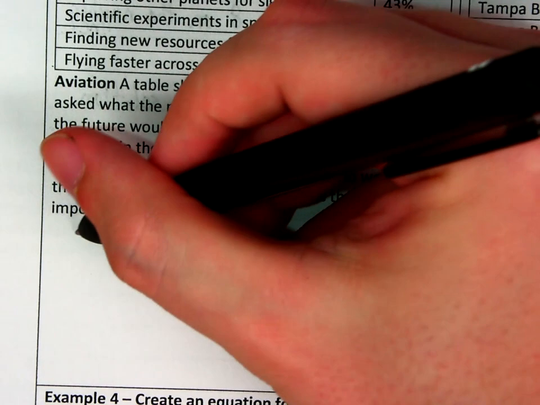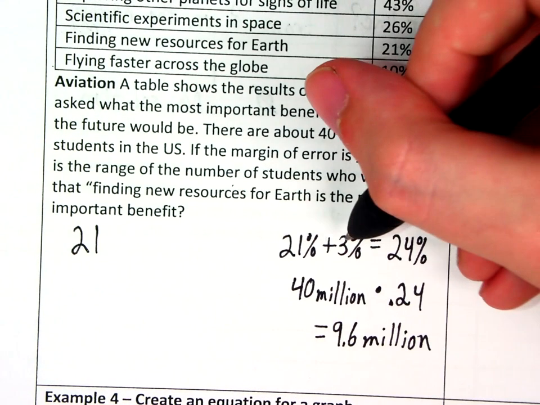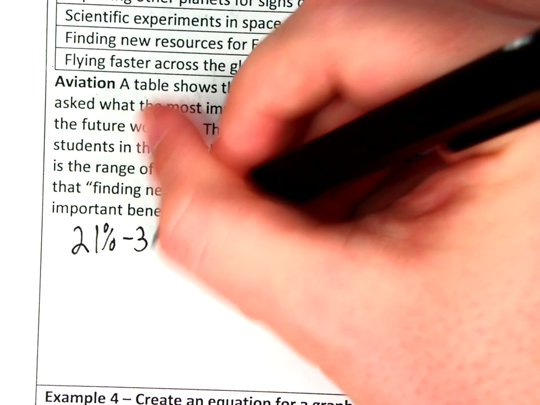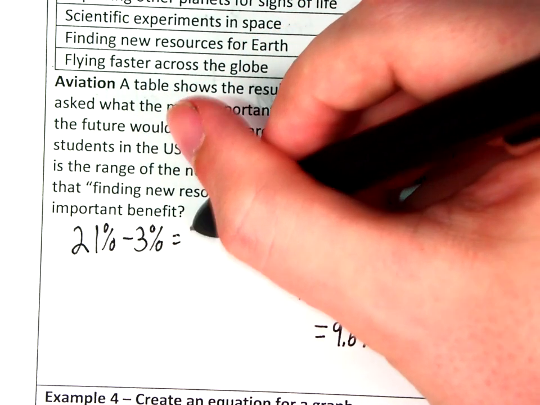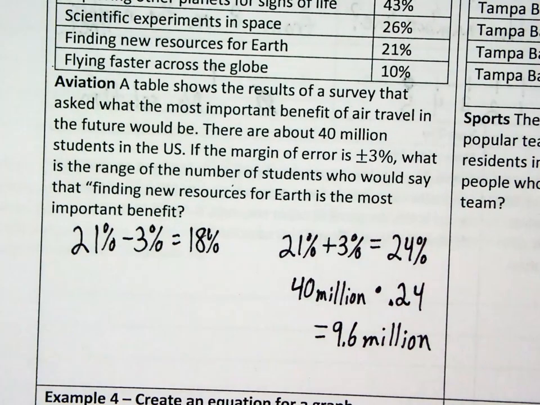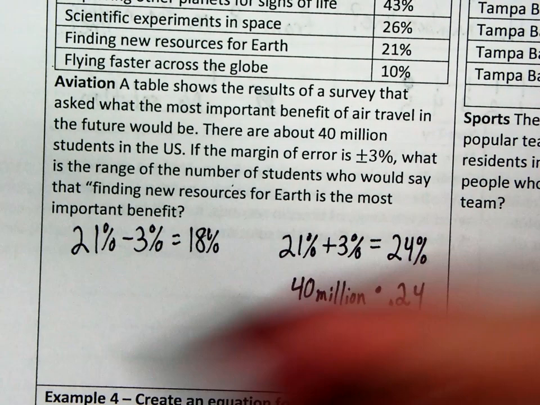Going the other way, we could have had actually 3% less than 21%. It could have been 18% of students actually think finding new resources is the most important.